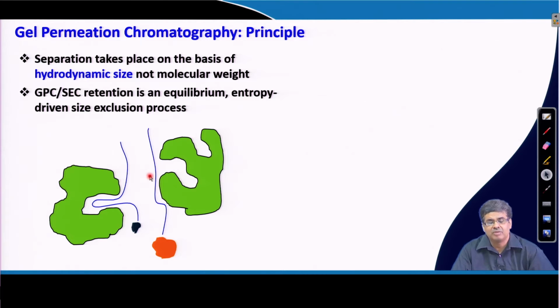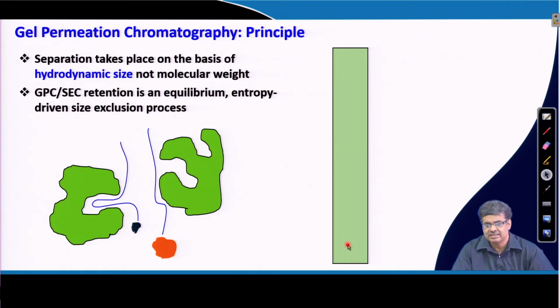If a polymer molecule goes inside the pore, it will lose some entropy, and that loss is more for larger polymer chains. Hence, the tendency of larger molecules to get into the pores will be much lower compared to the smaller ones. So, once again, it is an entropy driven size exclusion process.